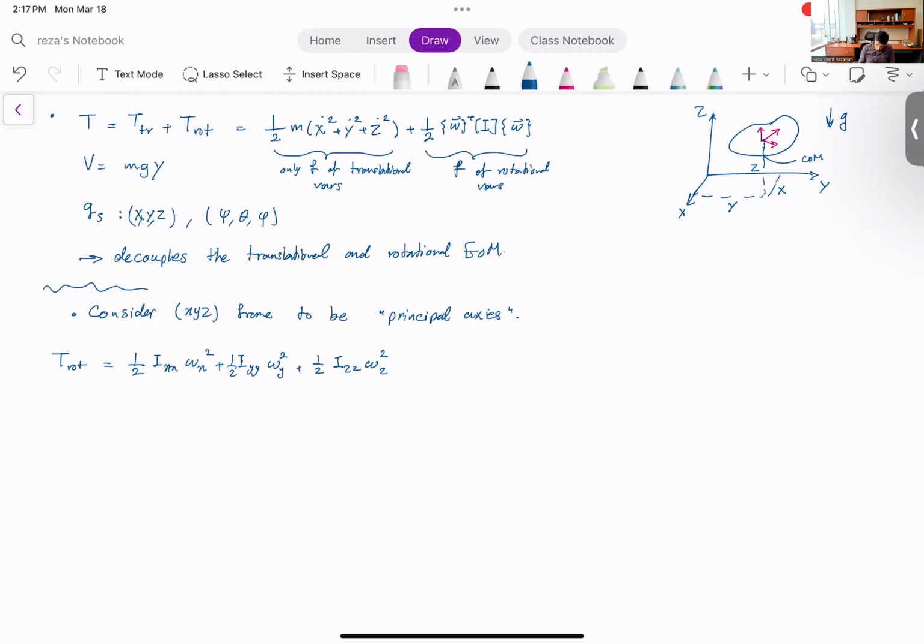In other words, these angular velocities omega i are not something I can write as q dot i.